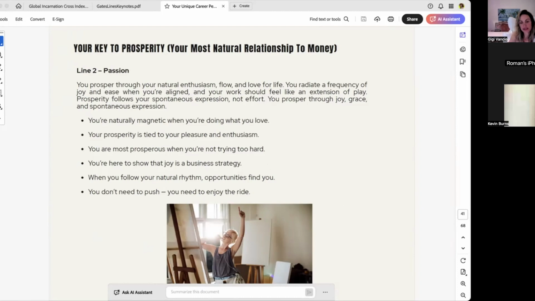Line 2 again is the embodiment of something where you're not trying, you're just a natural. Line 2 is about being the natural. It's just like the artist that's painting, or the singer that's singing, or the dancer that's dancing. They're not trying to prove themselves, they're just doing their thing naturally.